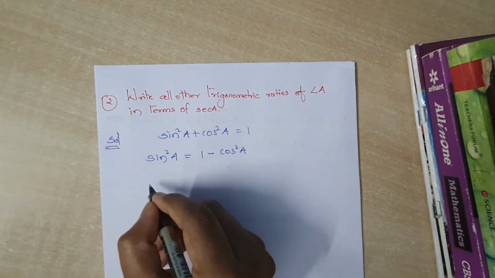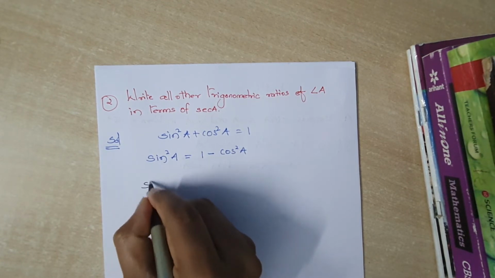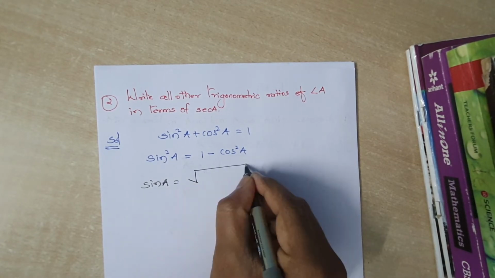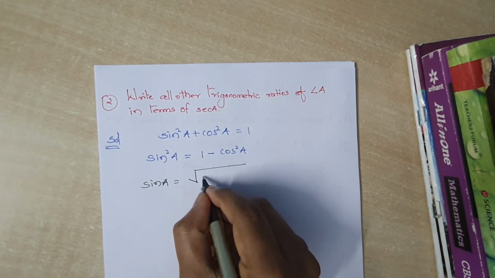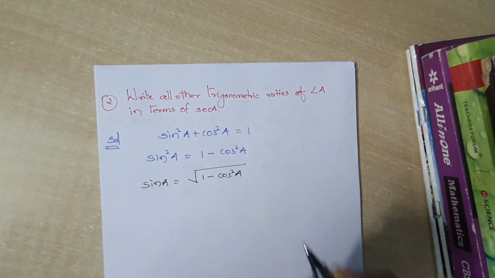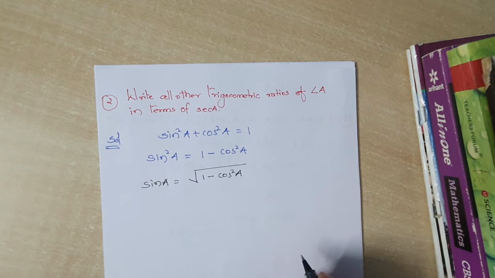We get sin A is equal to square root of 1 minus cos square. And cos square A can be written as what? 1 by sec square A.